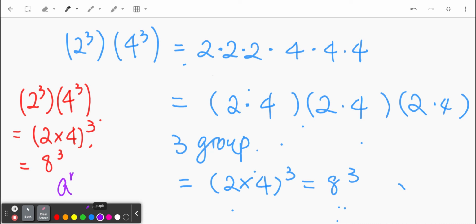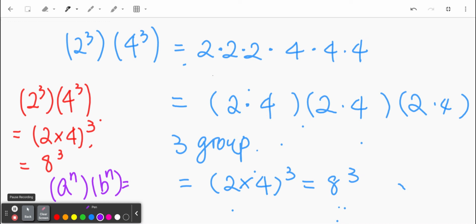A to the power n times B to the power n equals what? Fabian? So look at the purple one. Based on what we just did, if you want to summarize it into a formula, A is the 2, B is the 4, n is the 3, okay?